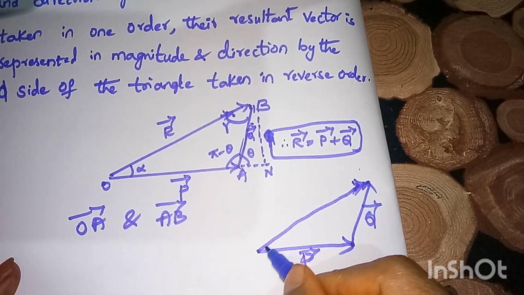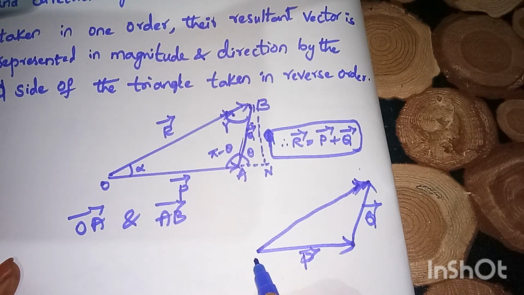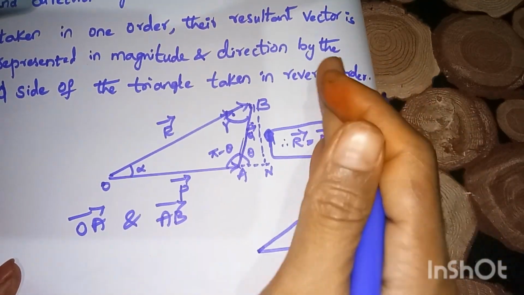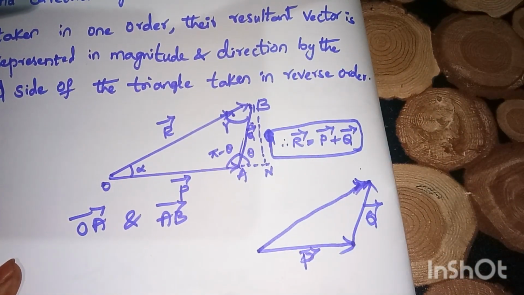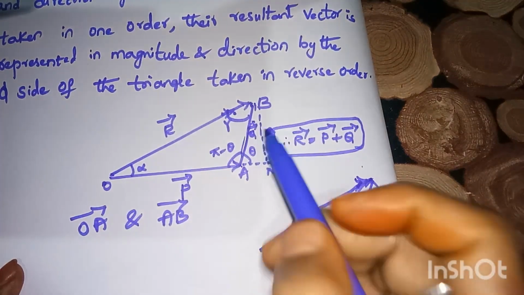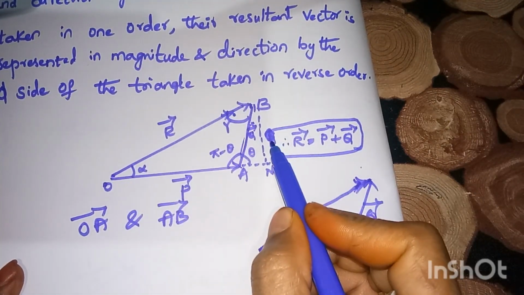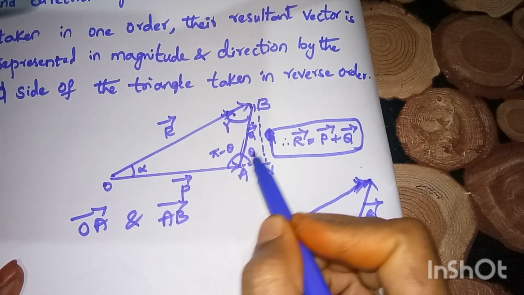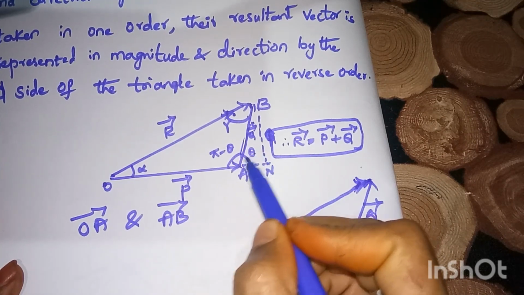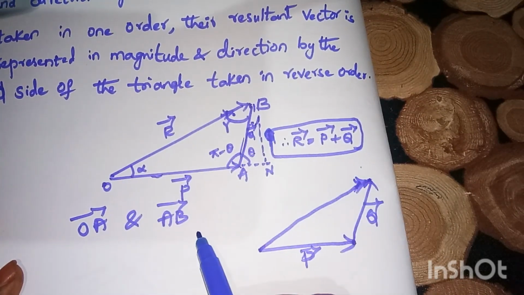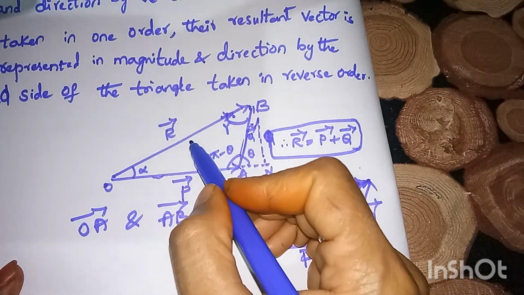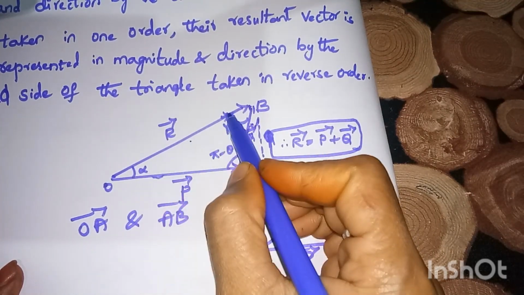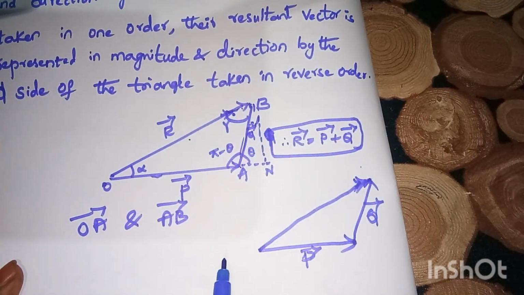You can see that this is a reverse order. So this is the statement for triangle law. P bar and Q bar are two vectors with magnitude and direction, representing two sides of the triangle, and the resultant is the third side of the triangle taken in reverse order.